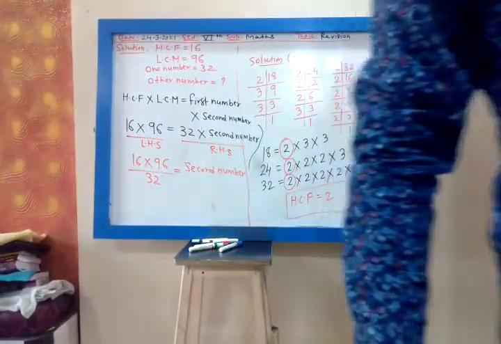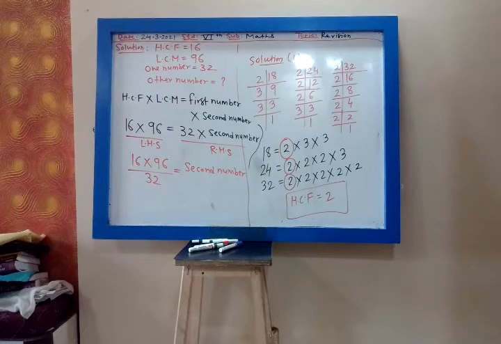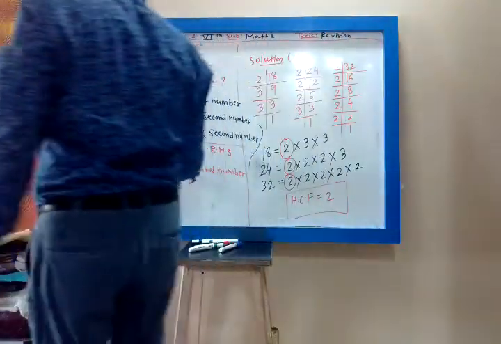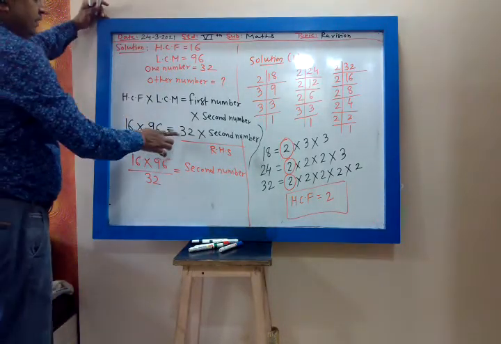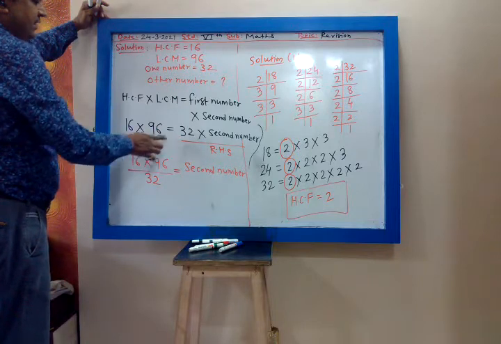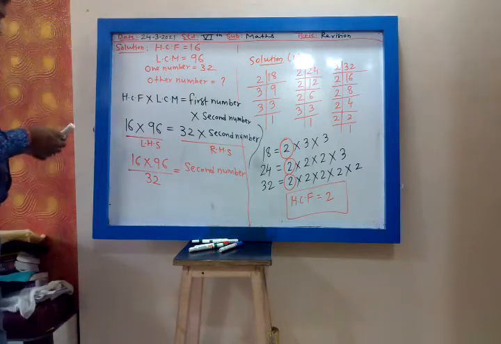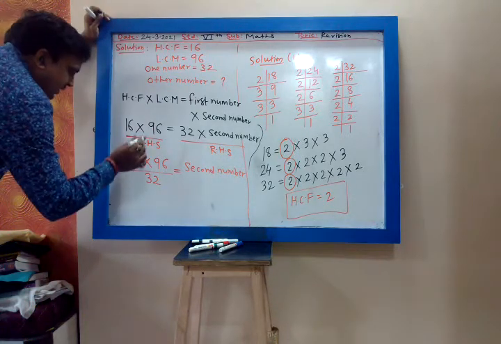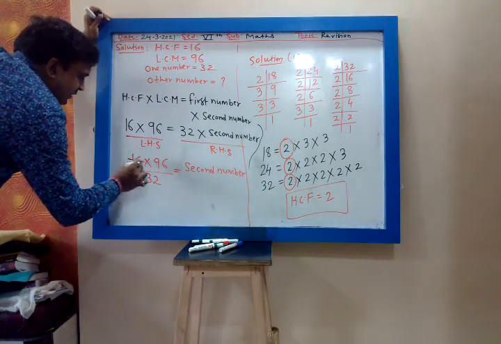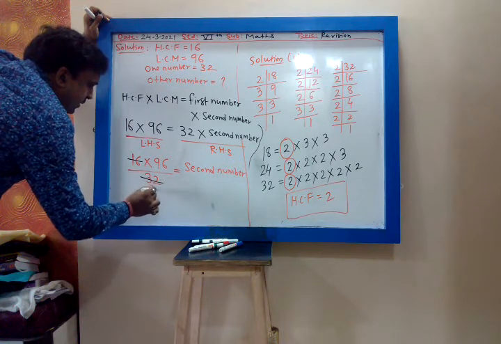So 32 is in multiplication on the right hand side, so I take it to the left side and it goes in the division. Now we can cancel numerator and denominator. 16 2s are 32.